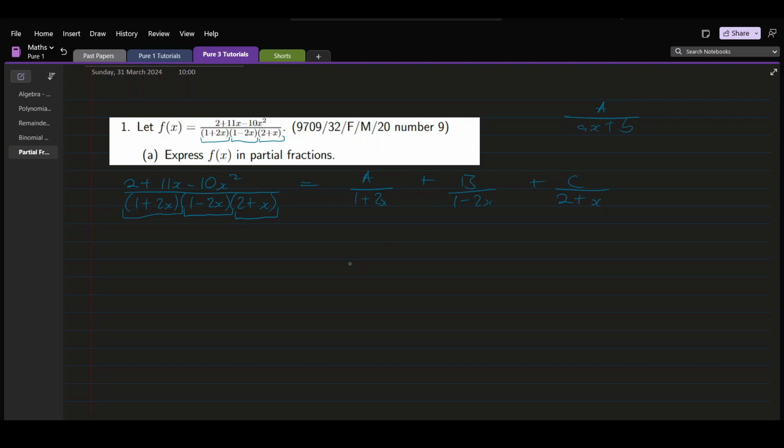Now we need to get rid of the denominators, so we multiply by the denominator on the left hand side.